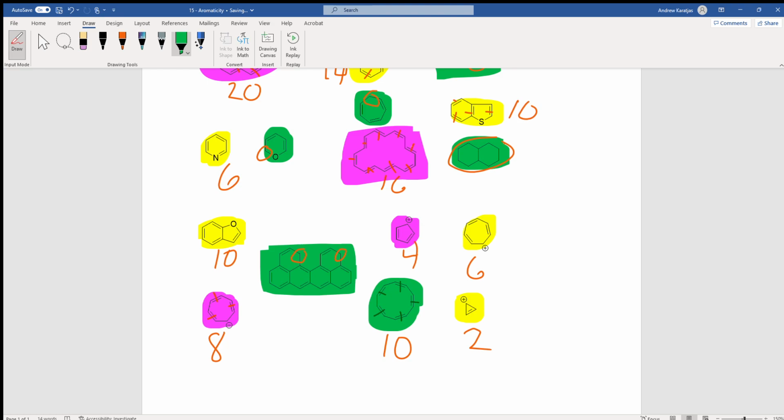It has 10 electrons, it's fully conjugated, everything's sp2, but yet it comes in as neither. And the reason is because of the shape of this molecule. It's not planar. And recall that that was our other rule for aromaticity, is the compound has to be planar. Because that 10-membered ring cannot adopt a planar conformation, it cannot be aromatic as well.